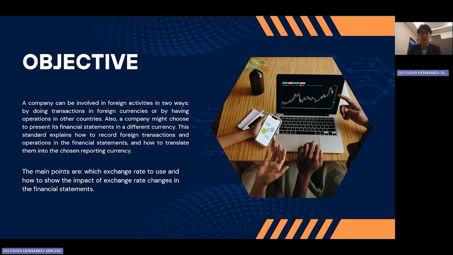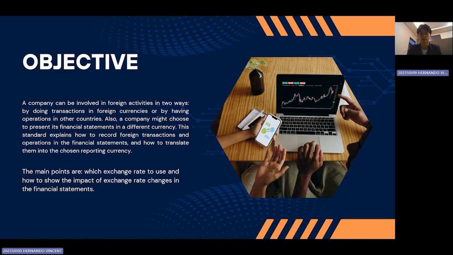In some cases, a company may even choose to present its entire financial statements in a currency that is different from the one it normally uses for its day-to-day operations. IAS 21 was created to address these complexities.